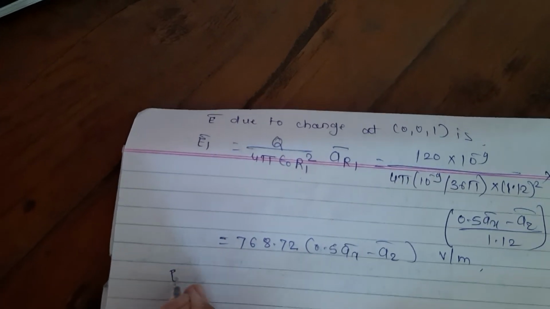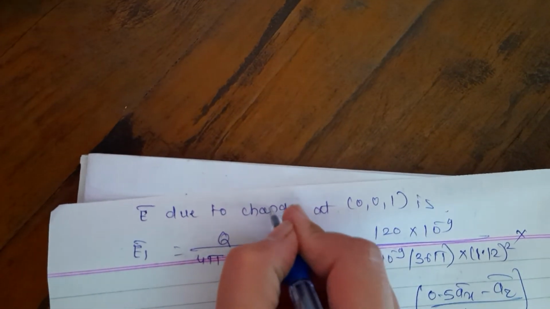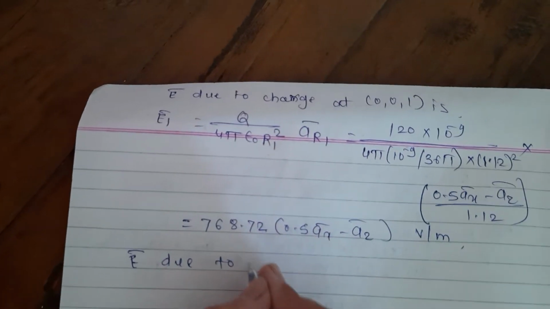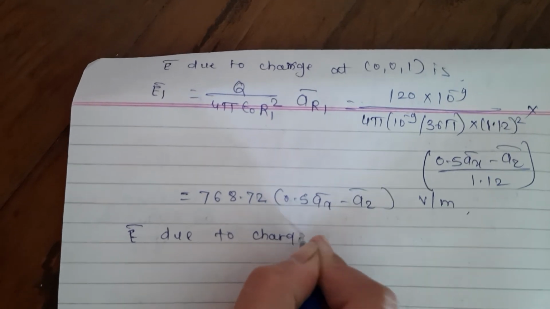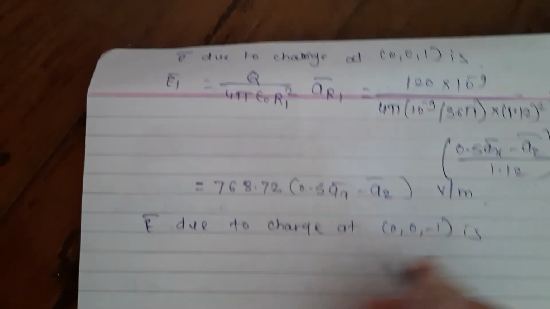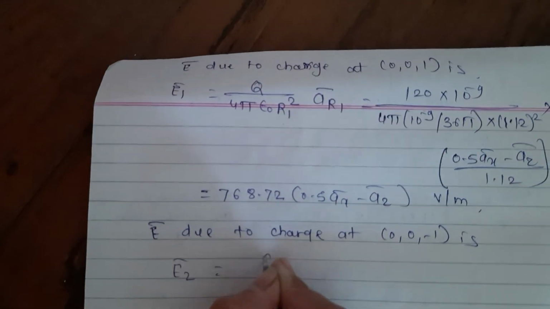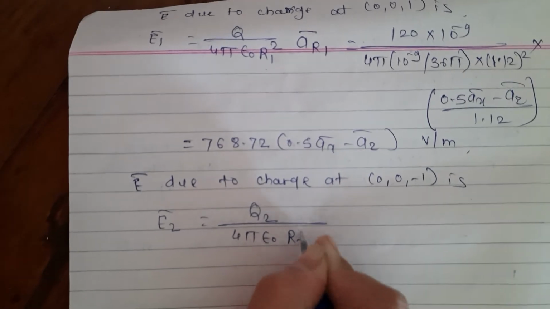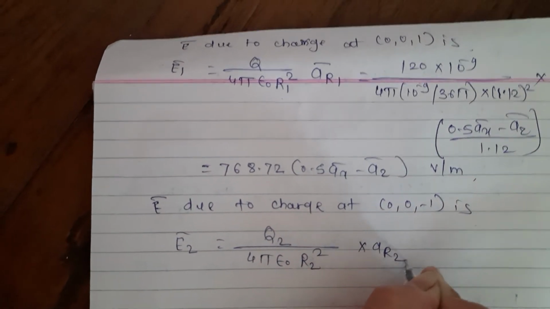Now next is E bar due to charge at 0 0 minus 1, and it is E2 bar is equal to Q2 divided by 4 pi epsilon 0 R2 square into AR2 bar.